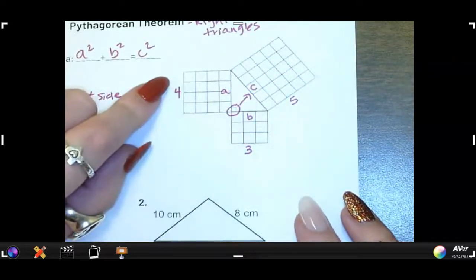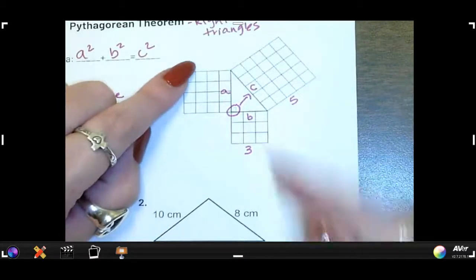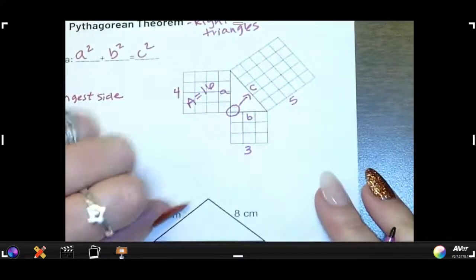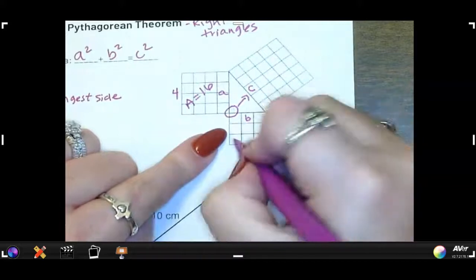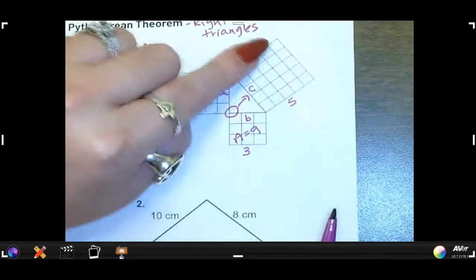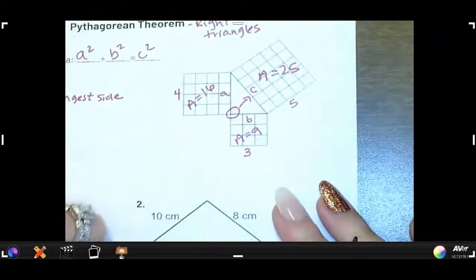Okay? Remember, area of a square is length times width. So 4 times 4, this is going to give us an area of 16 for this one. Okay? 3 times 3 would give us an area of 9. And 5 times 5 would give us an area of 25.